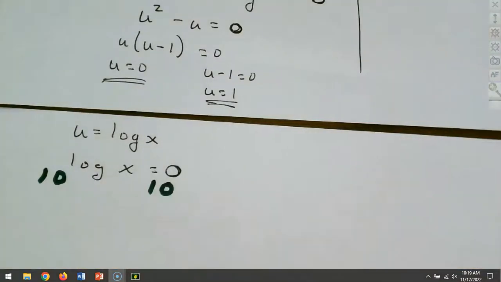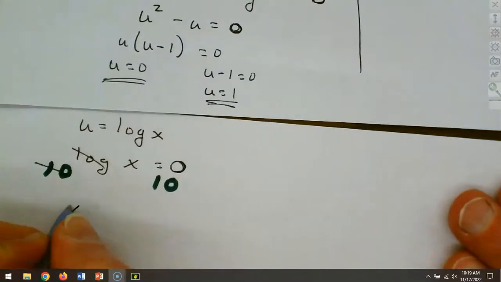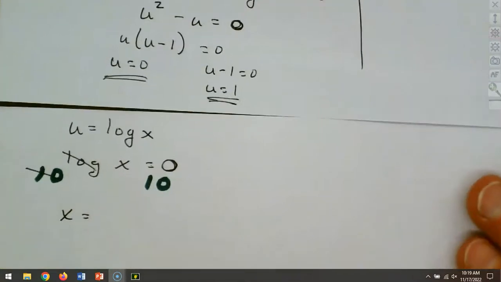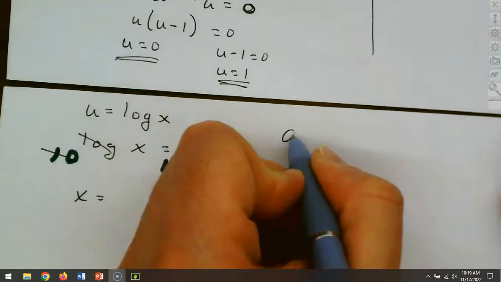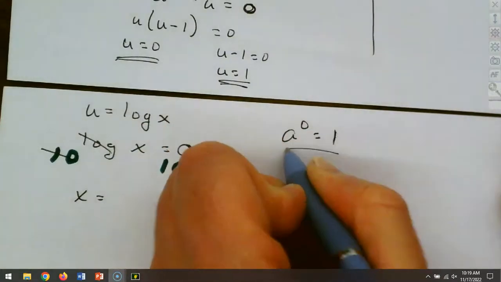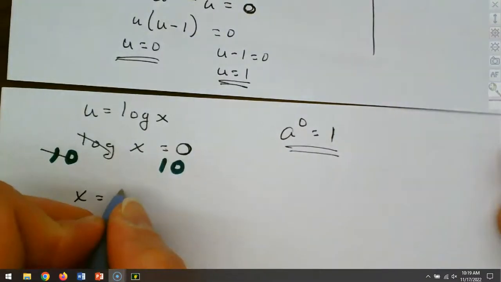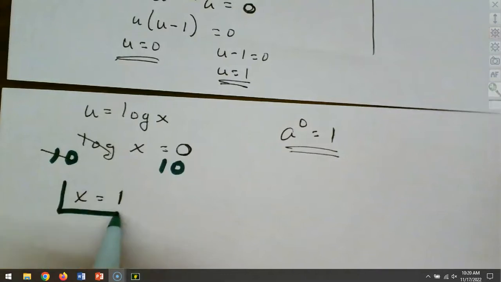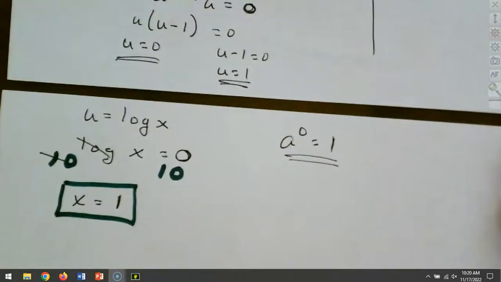And what happens here? The 10 and log cancel out. That gives you an x. And what about any number to the 0 power? Remember that property? Any number to the 0 power is always 1. So that would give you one of these solutions, which is x equals 1.